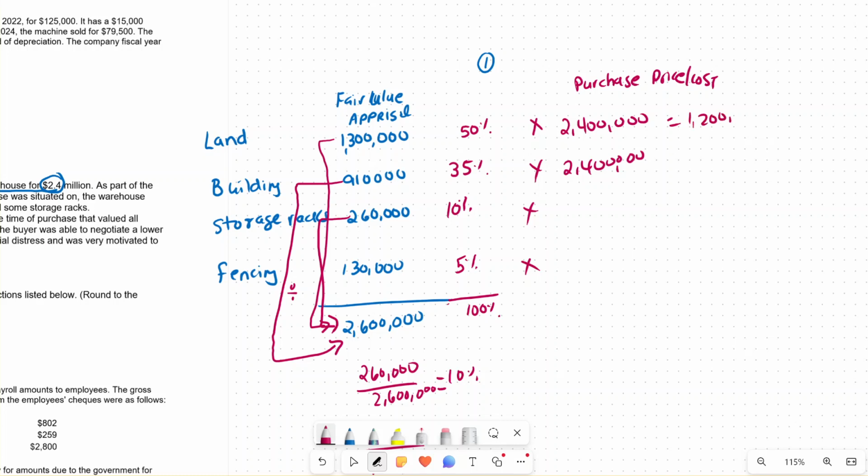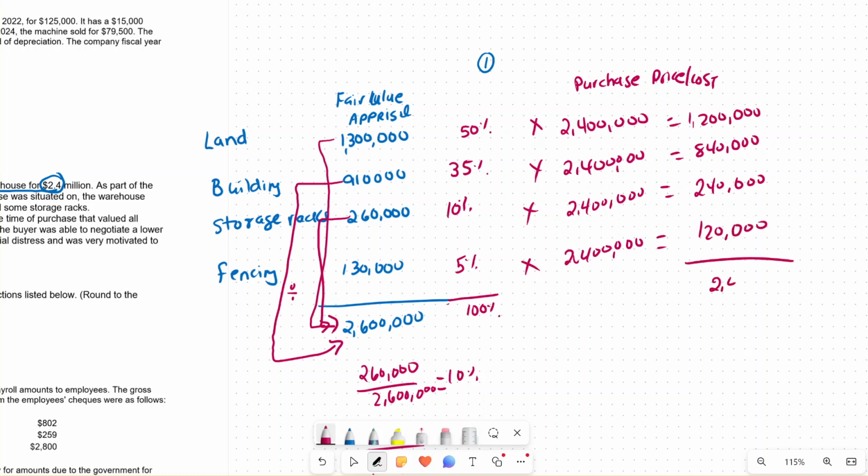So this is 1.2 million, this is 840,000, this is 240,000, and that will give you 120,000, and altogether it should equal the price that we paid.